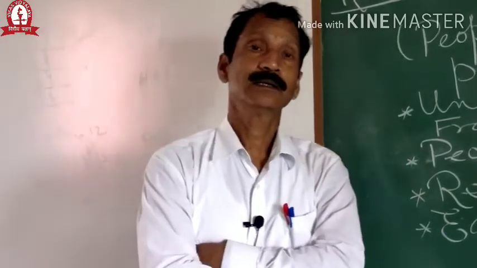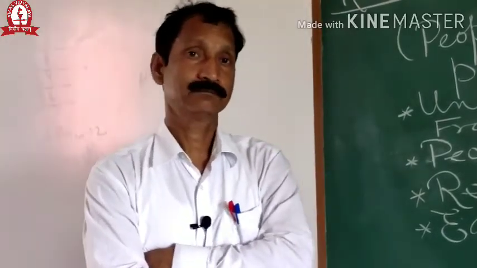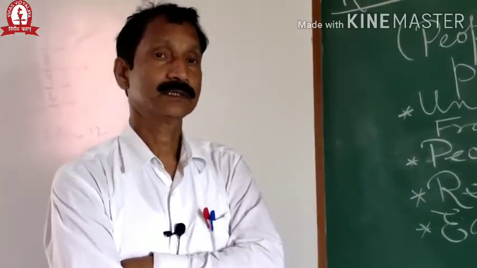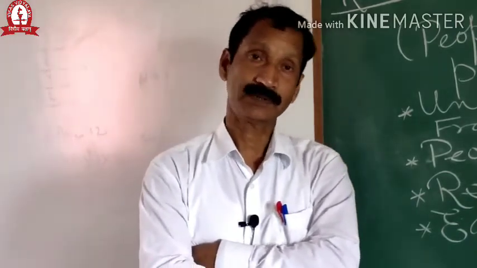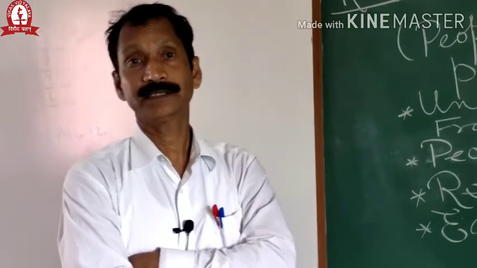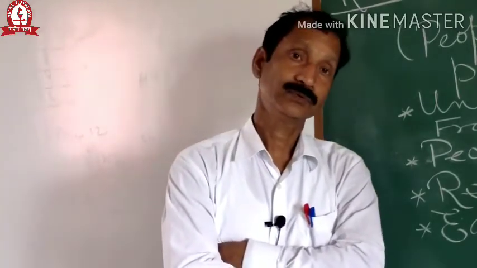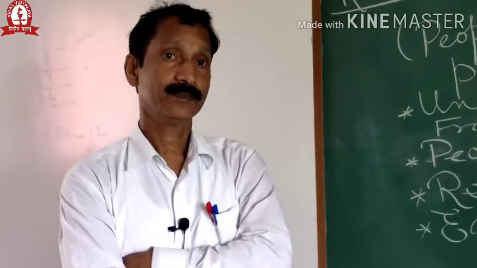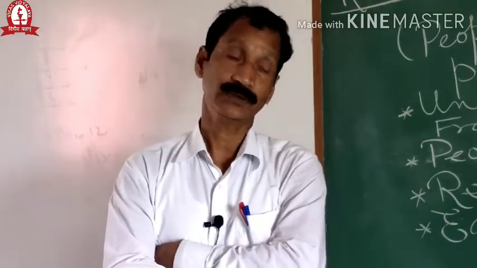So, people have all the power to criticize, to condemn the policies of the government, and the government in power has to think about public opinion, what is going on.